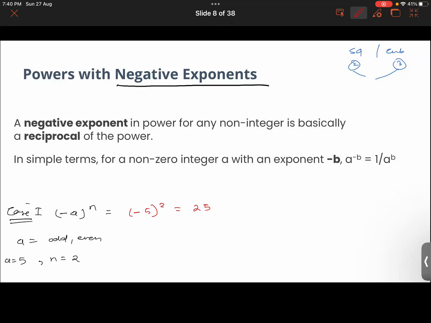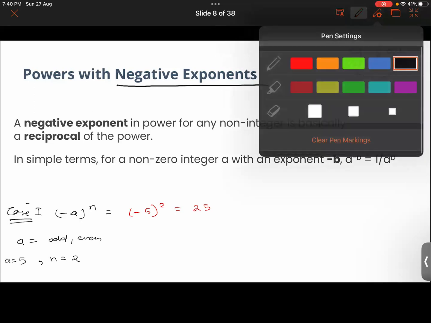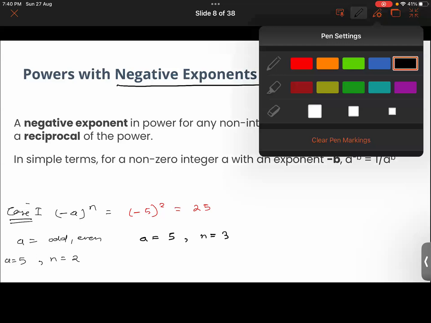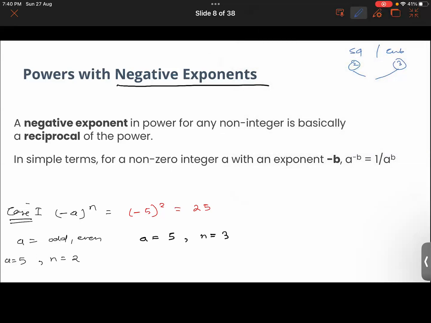And then again, let's take another number. In this case, let's keep the same number 5 as a. Now here, let's take n to be 3, right? So it will be a negative number. Minus 5 raised to the power 3, that is minus 125.